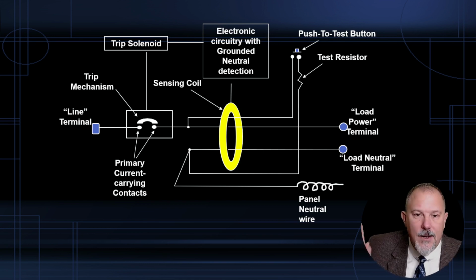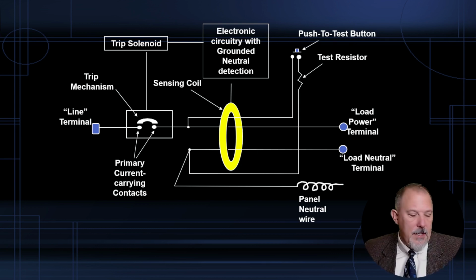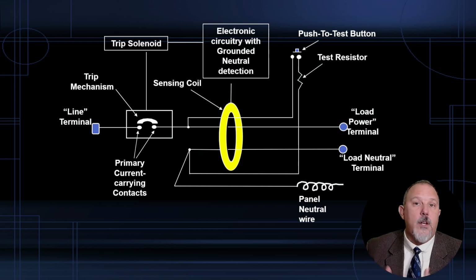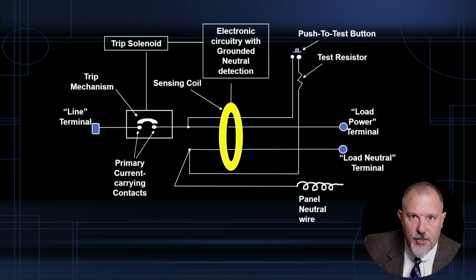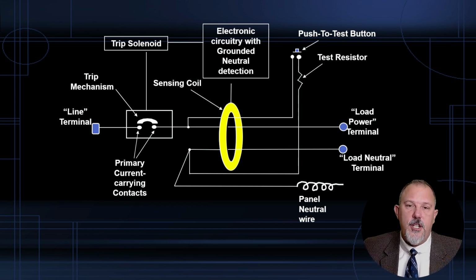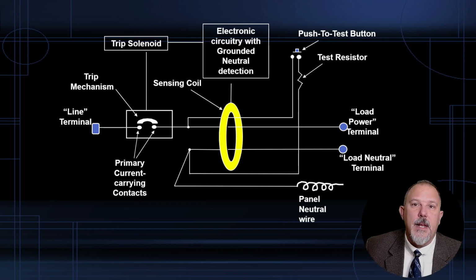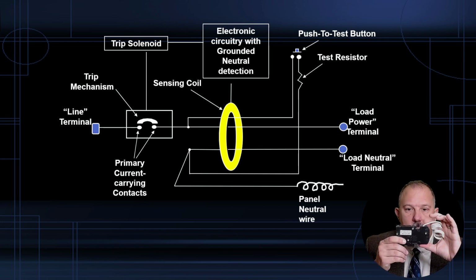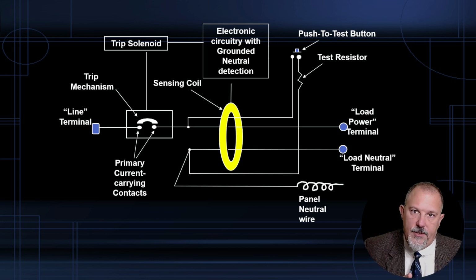Now that pigtail may exist as a pigtail, but it could very well be what we call a plug-on neutral device, which multiple manufacturers are offering on the marketplace. So you may find a GFCI circuit breaker that does not have this pigtail, but it plugs directly onto the neutral bus.